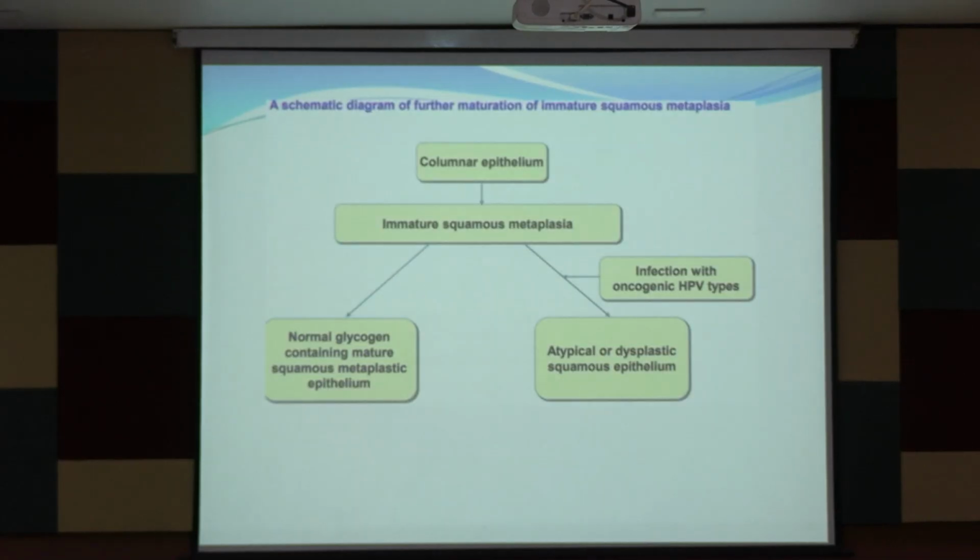Either the immature squamous metaplasia can become mature squamous cells with a lot of glycogen, known as mature squamous metaplasia. Or human papillomavirus, high risk or low risk types, can infect the immature squamous metaplasia and lead to dysplasia or atypical squamous epithelium, the starting point of cervical cancers.